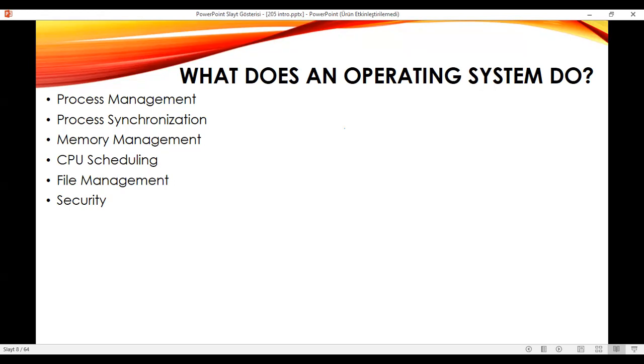So we have to use the CPU as much as we can. That's why we don't want the CPU to be idle. I will tell you later when it becomes idle. That's why the operating system uses some algorithms for CPU scheduling.